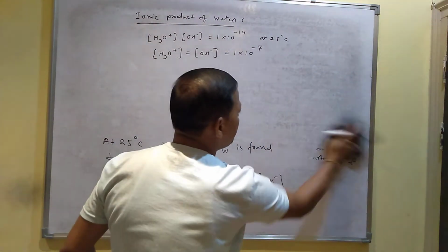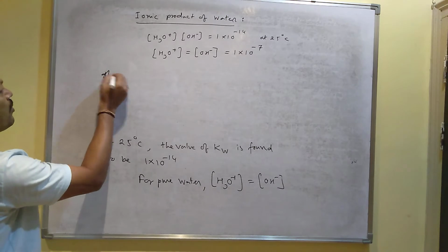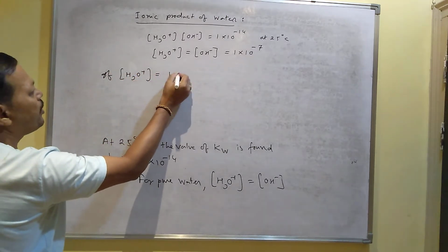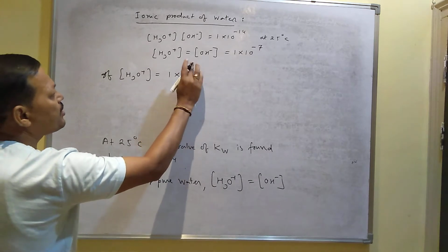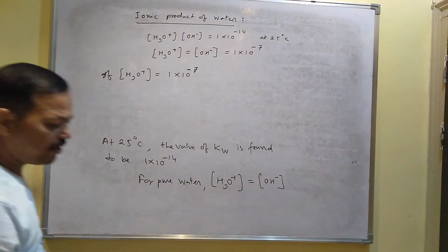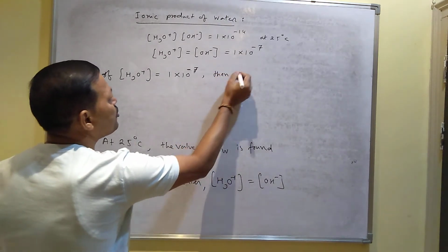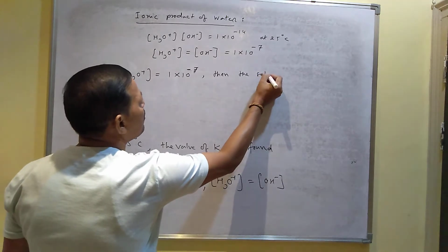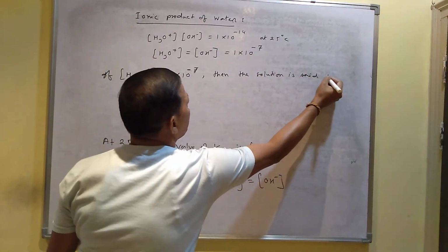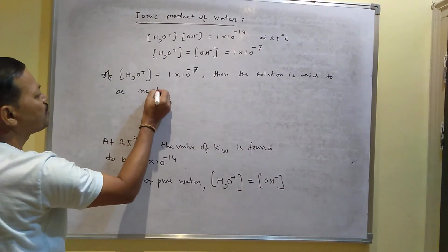Now if the concentration of hydronium ion is equal to 1 into 10 to the power minus 7, then the solution is said to be a neutral solution.